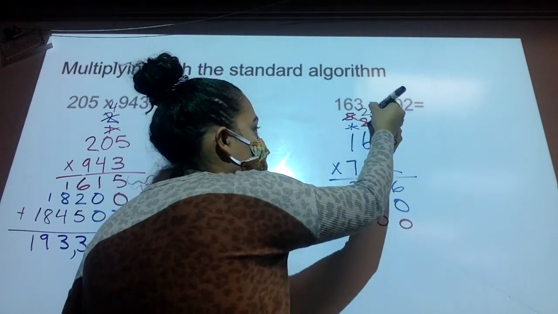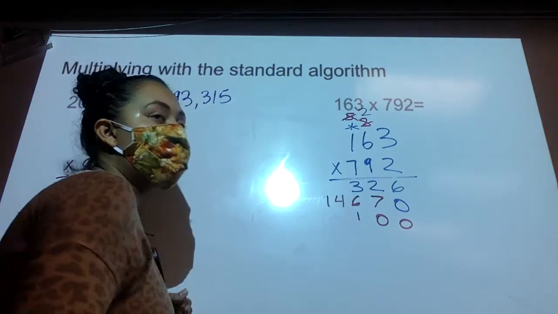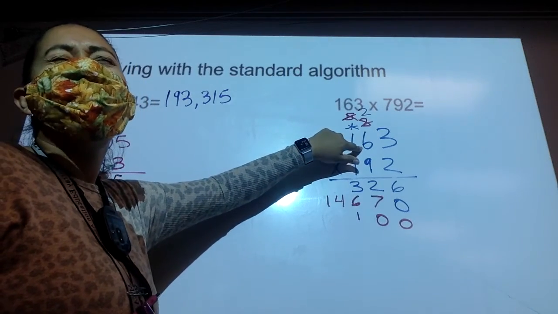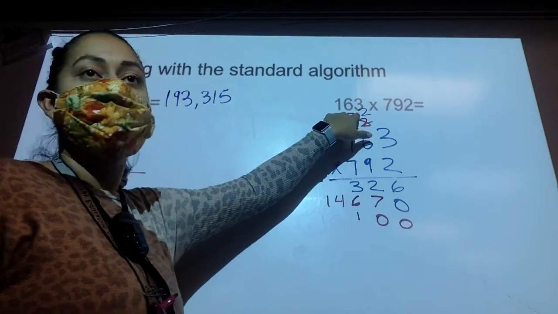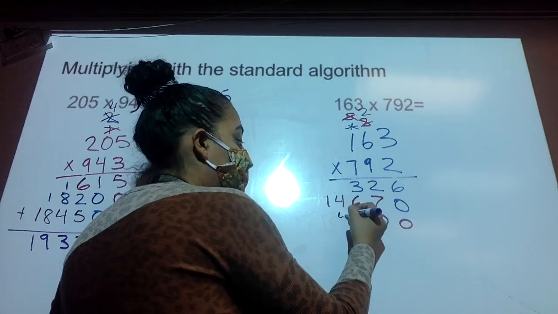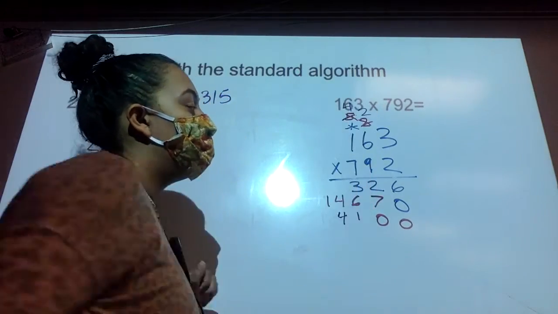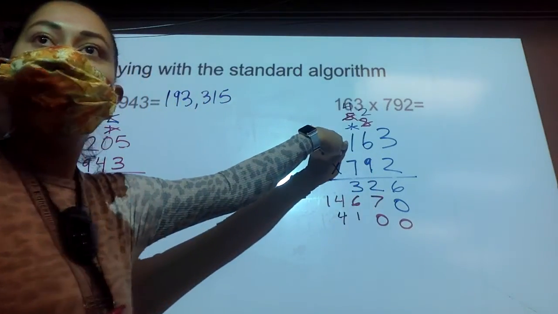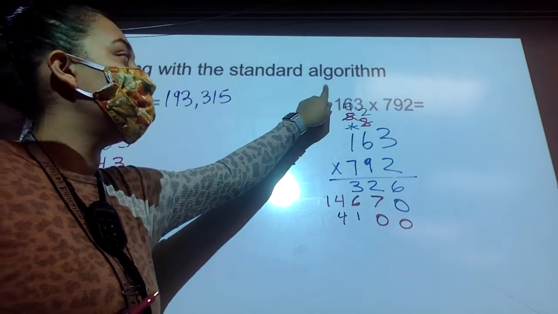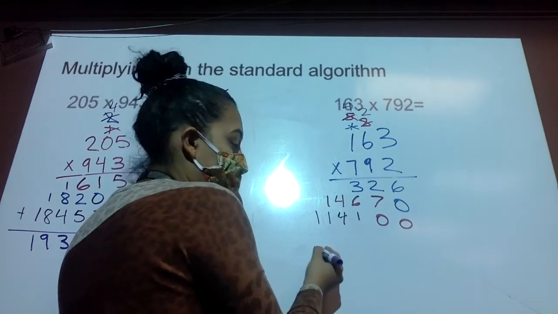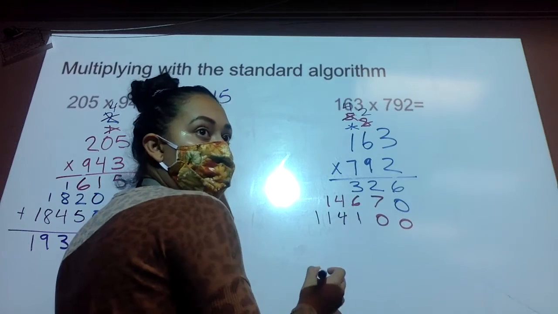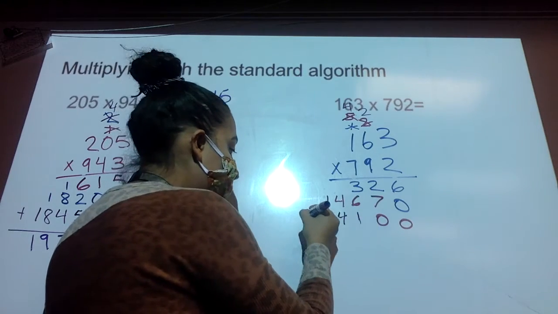Okay, 1 here, carry the 2. 7 times 6. 42. 42 plus 2. 44. 4 here, carry the 4. 7 times 1. 7 plus 4. 11. Right there. Okay, last step is to add them all together. Good, Thomas.